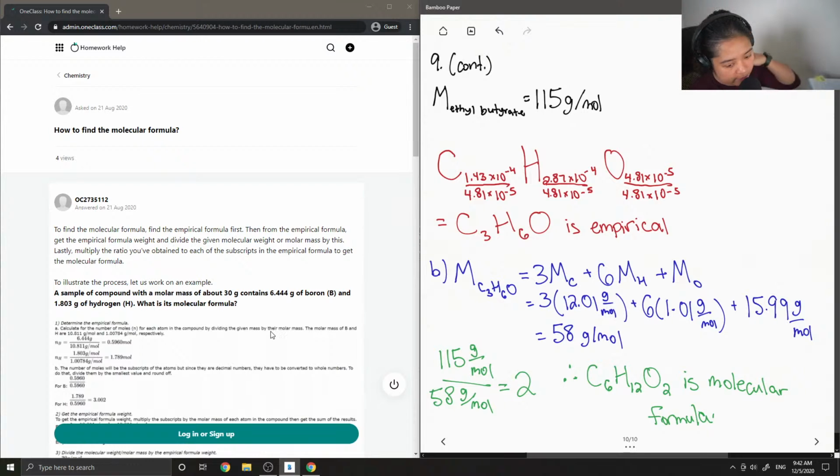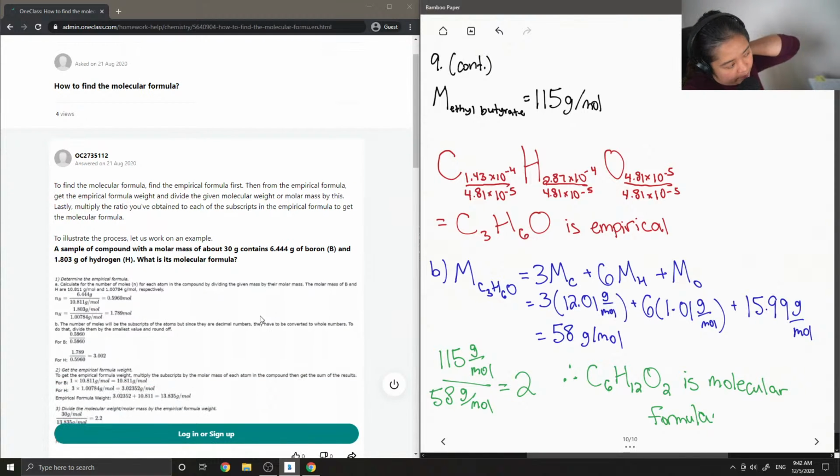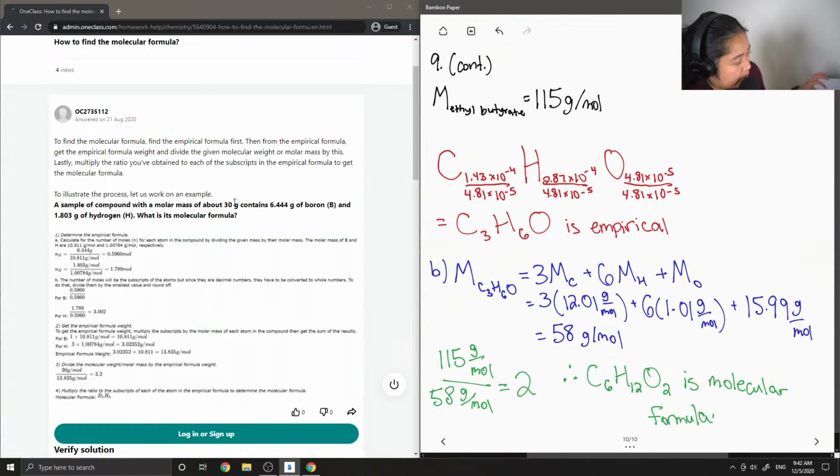Okay, so let's see what the junior tutor said. To find the molecular formula, find the empirical formula first. Then from the empirical formula, get the empirical formula weight, and then divide the given molecular weight or molar mass by this. Lastly, multiply the ratio you've obtained to each of the subscripts in the empirical formula to get the molecular formula.